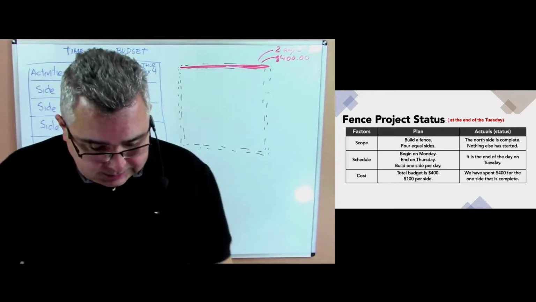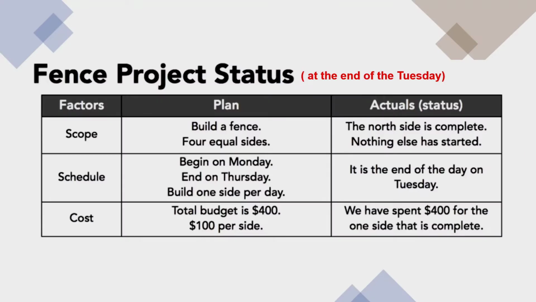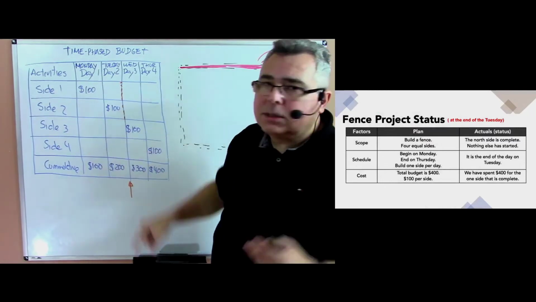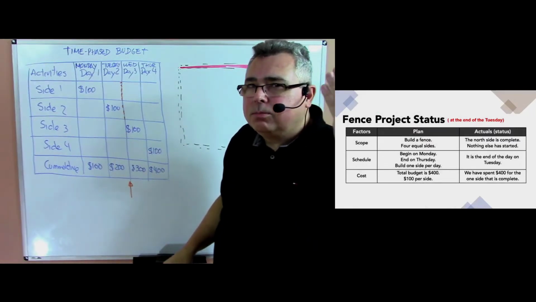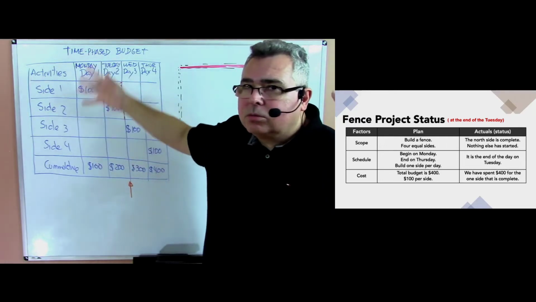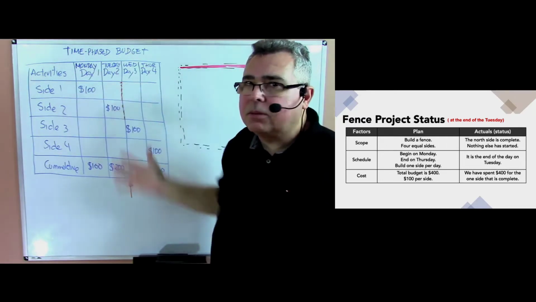So what is the Earned Value Management System? It's a way to take that information we got and translate it into performance indicators that are easier to follow. Here we are dealing with a project that has one activity per day. Some projects have 10, 20 activities, so 10 or 15 things are happening at the same time.